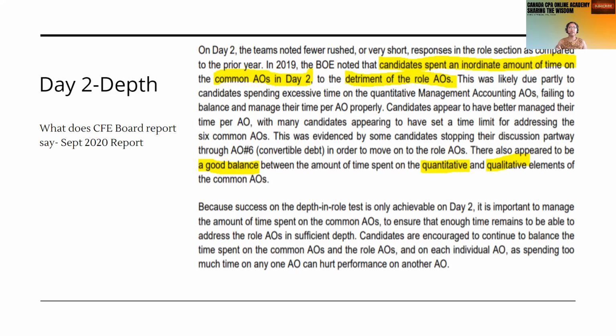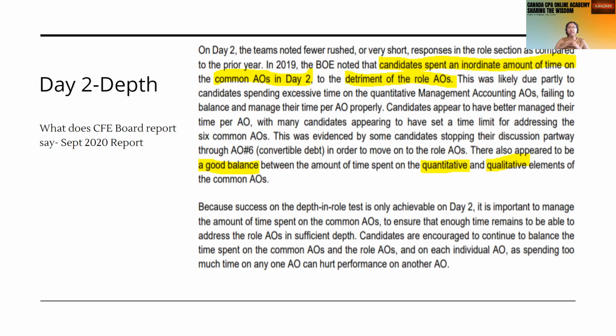I used to start with my role AOs. I would write the first hour of three to four AOs for assurance, then move on to FR, bring in the adjustment journal entries in the materiality AO, and then finish the rest of the FR, and then the remaining AOs for assurance.